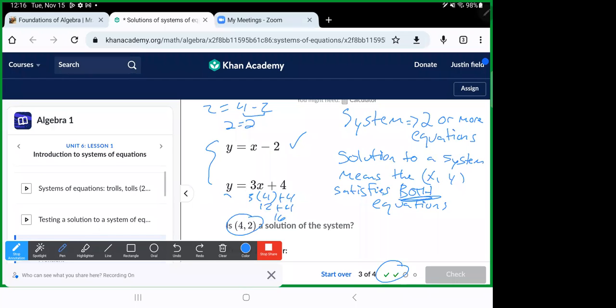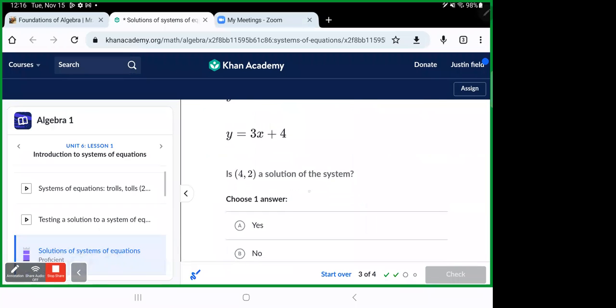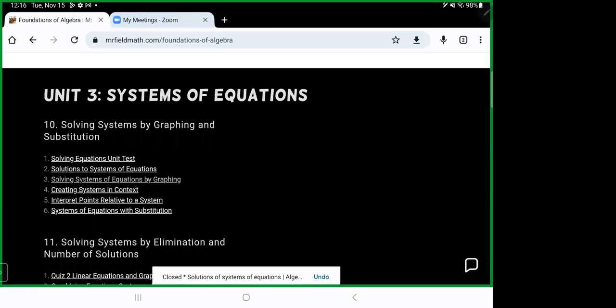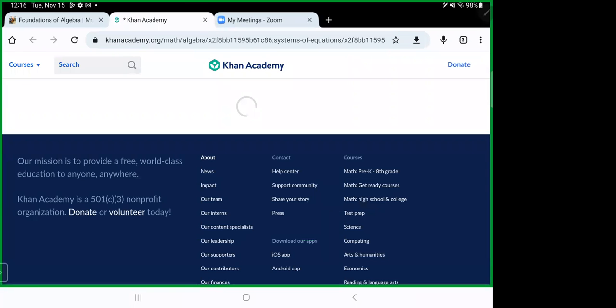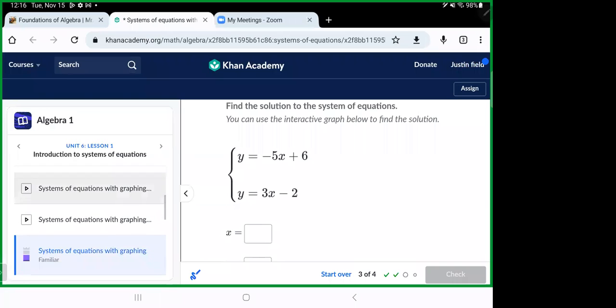And then 2 in for y. If I did my math right, 2 and 16 are not equal. Well, we know that. So it's looking like that does not satisfy that equation. So we're going to say no. And we're right. All right, so that's that one. Solutions to a system: substitute and solve, and see if you get the same thing on both sides.